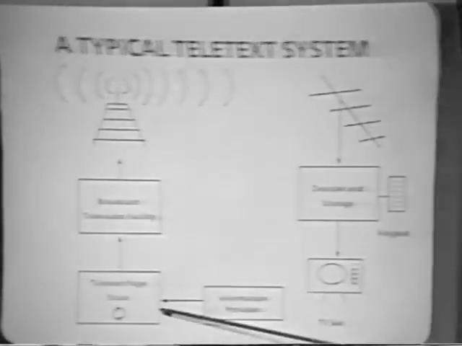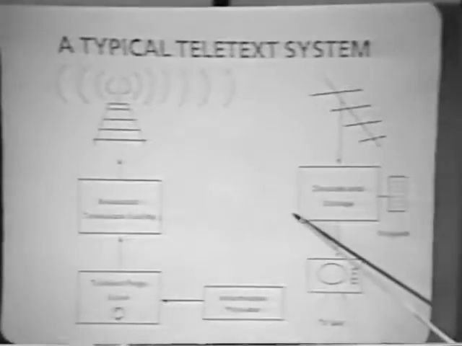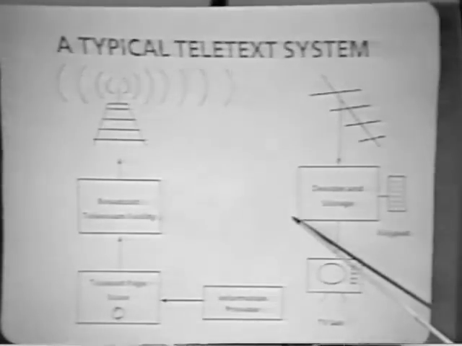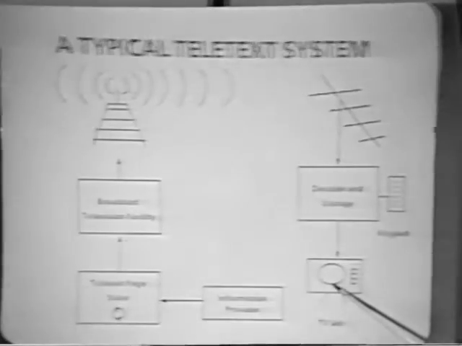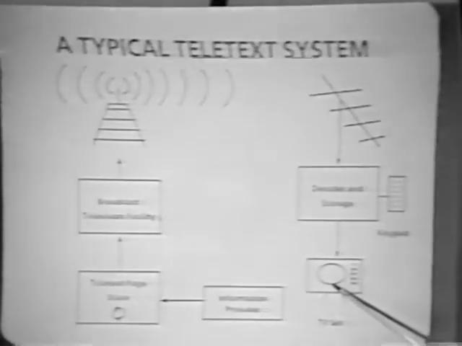But embedded in that signal, encoded in it, are these pages of data, and it's possible to essentially filter them out and discard the video picture, the actual television channel picture, and instead display this page of data. So you can either display the ordinary programming from the television system or the page of data.